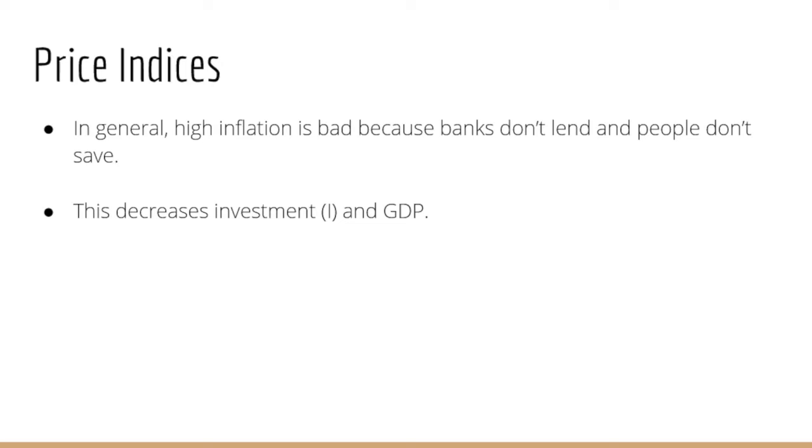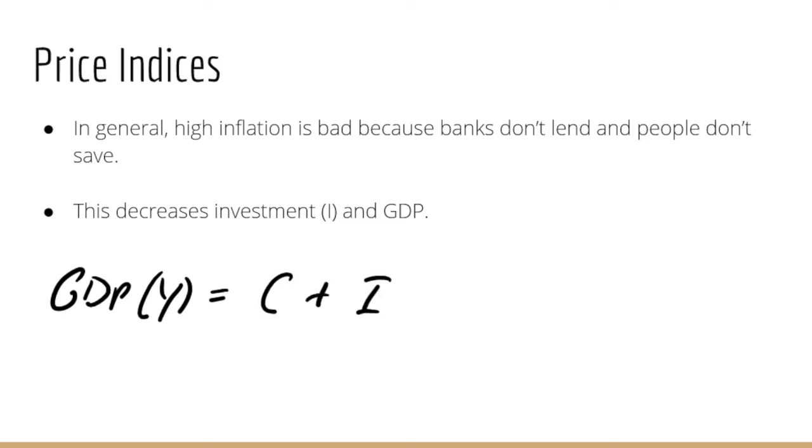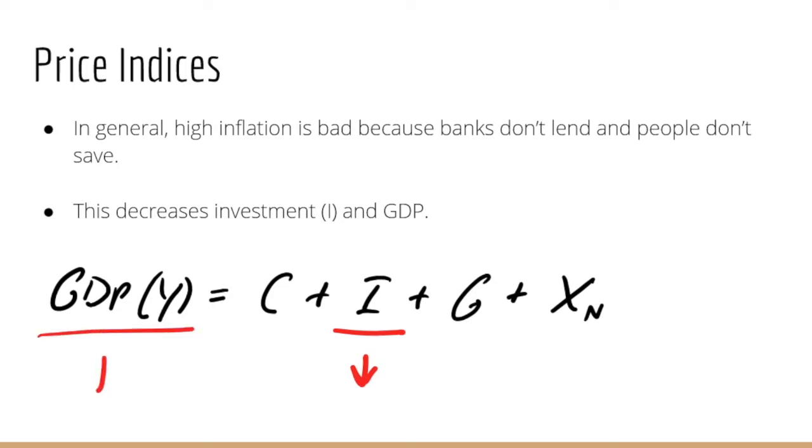Because if you remember back to our first video, our GDP, which we label as Y, equals consumer spending plus investment spending plus government spending plus net exports. If our investments fall, then mathematically, our GDP is also going to fall.